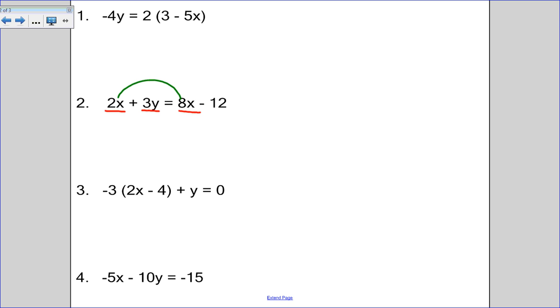How do we get 2x and 8x to combine? What do you think? Remember, we have to do the opposite. So since it is plus 2x here, I need to subtract it from both sides, okay? So plus 2x minus 2x cancels out, becomes 0. And I have 3y equals 8x minus 2x, that's 6x minus 12.